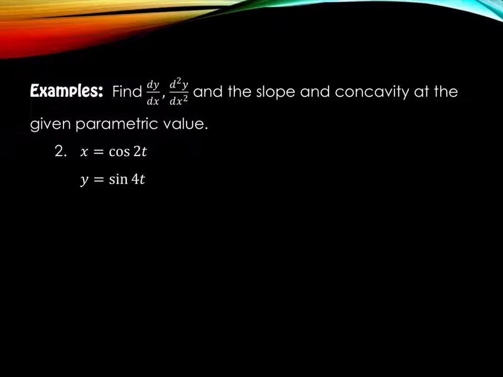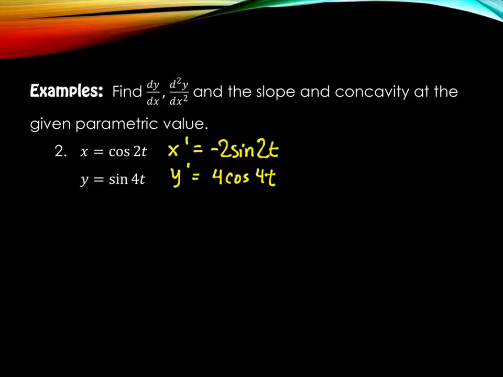We're going to start again with finding the derivatives of each of these. What's x prime and what's y prime? Let's start with the top one, x prime. Negative 2 sine 2t. And y prime? 4 cosine 4t. As we work with this one, we're going to be careful about our signs because they are going to oscillate within what we're doing.